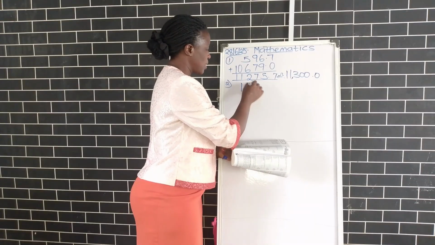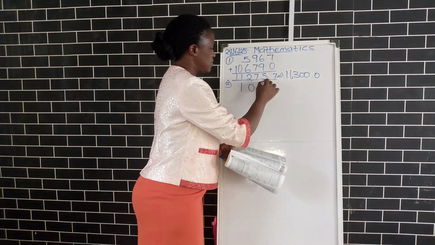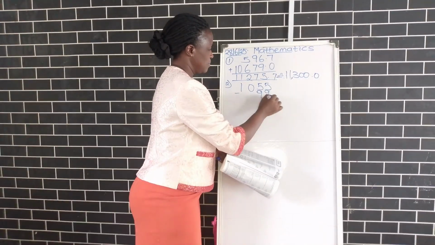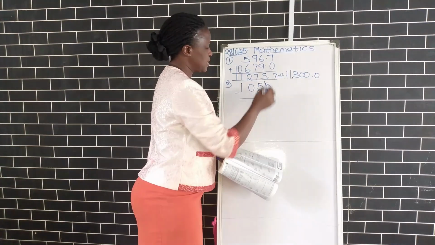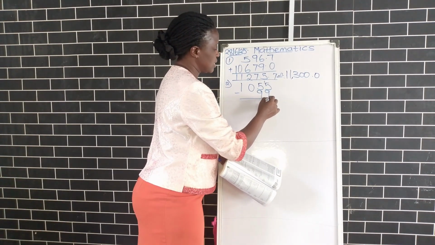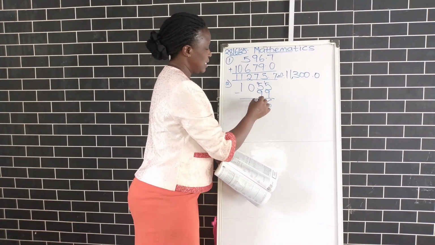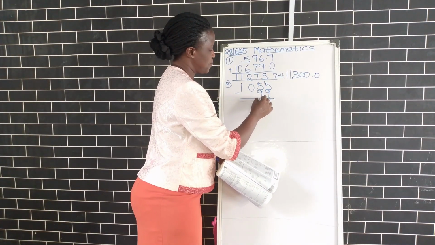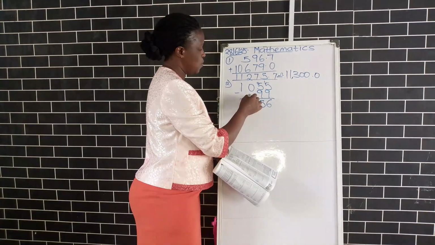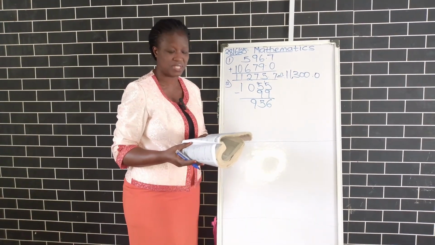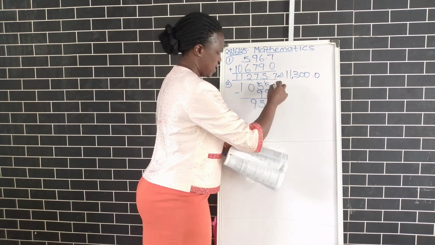So let's go. 1055 minus 99, making 15, and that is what? 6. We have 4 here, that is 14, and that will be what? 5. Here we have 9. So our answer there is 956. Is that our final answer?